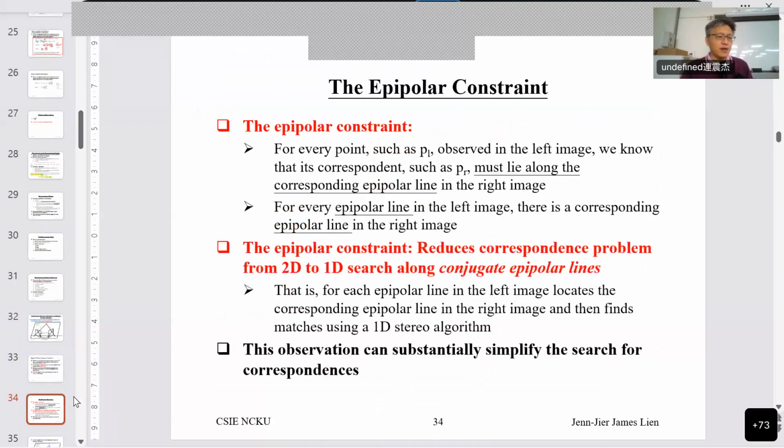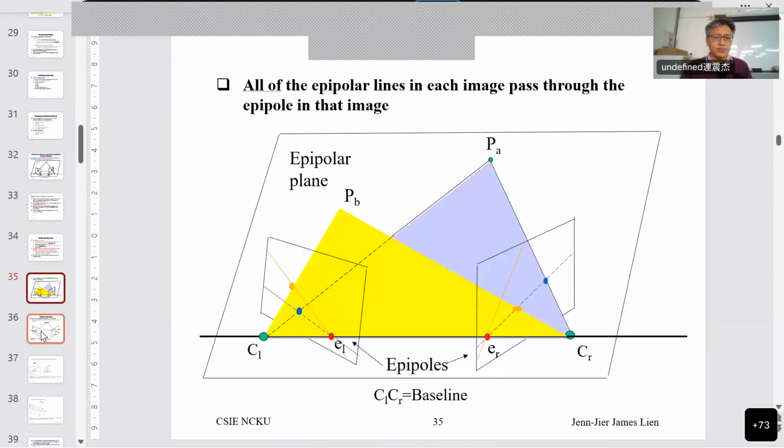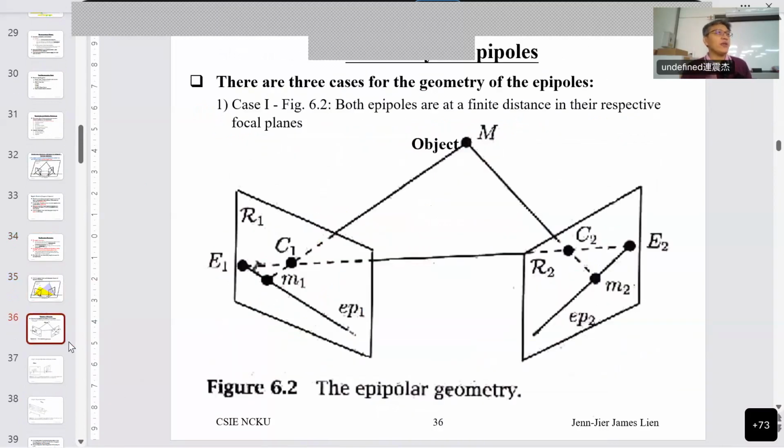But before we find this epipole, I will tell you there are 3 situations for the position of the two cameras. The first situation is on page 36: the 2 cameras are not parallel.